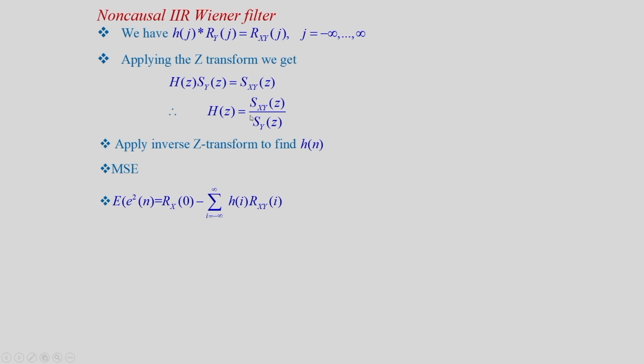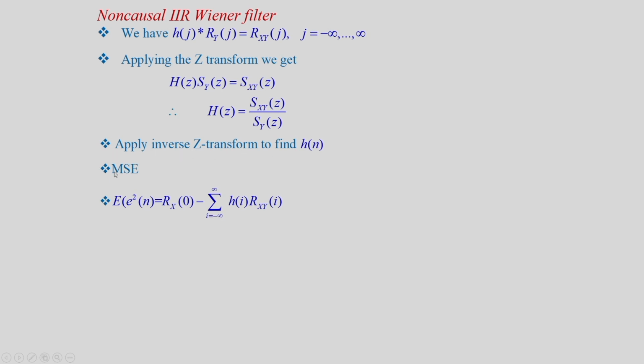So, from this we get that the transfer function of the non-causal IIR Wiener filter is H(z) equal to S_xy(z) divided by S_y(z), the power spectral density of X and Y divided by the power spectral density of Y. And once we have H(z), we can apply the inverse Z transform to find h(n).